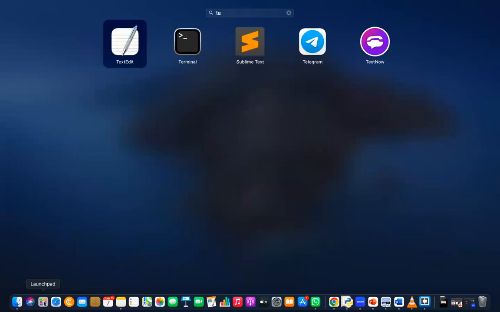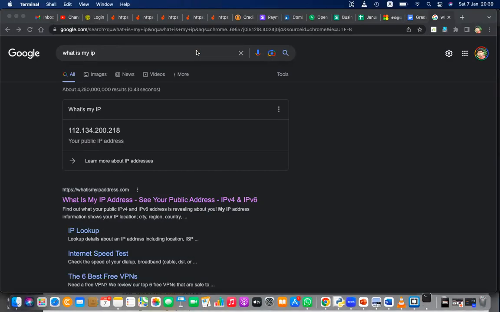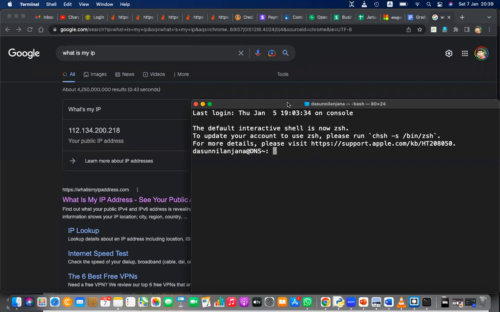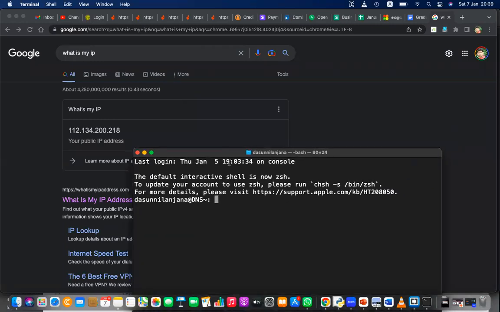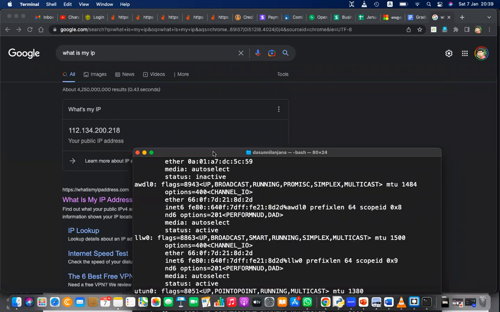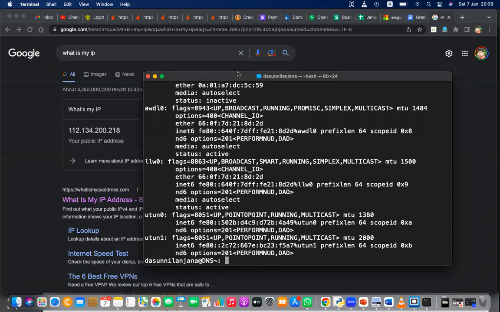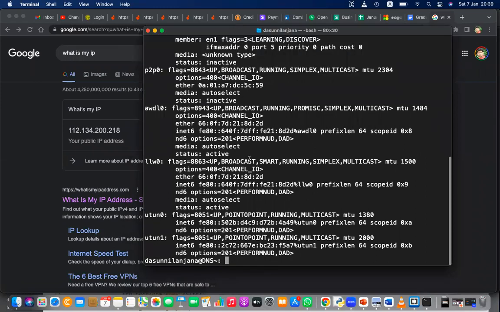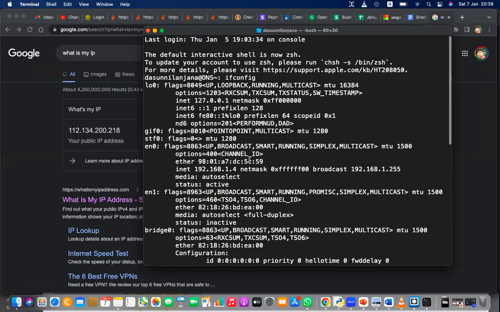How to see the private IP address? Go to the terminal, or you can go to the command prompt in Windows. There you can type ipconfig. In Linux or Mac OS, you can type ifconfig to get that. So ifconfig results this. You can see this is your IP address and this is your broadcast IP address.